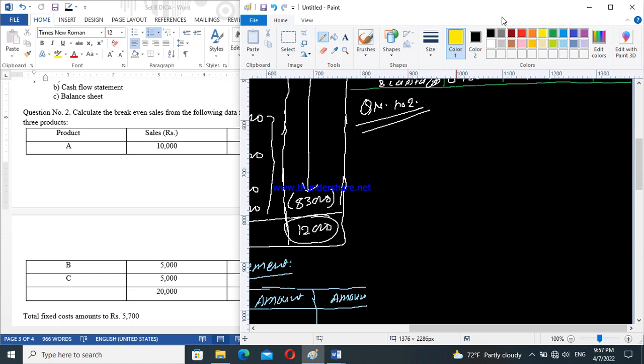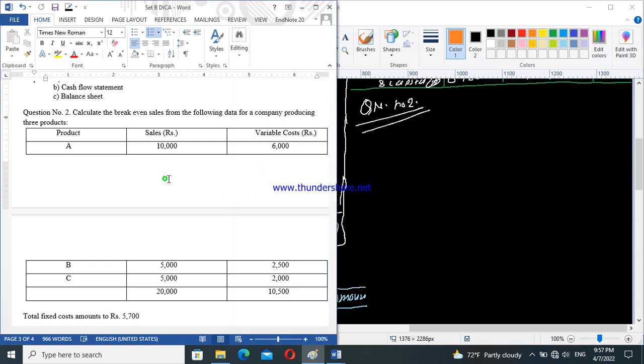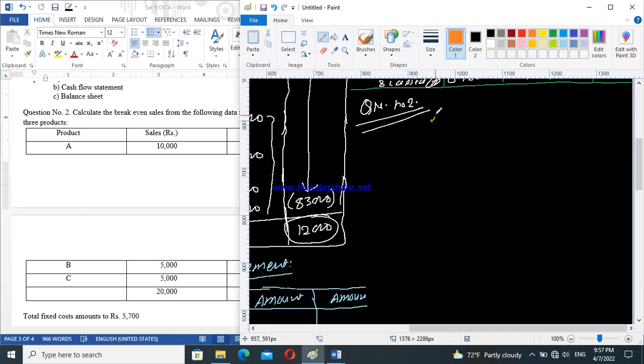We have sales mix ratio. Sales mix ratio required 10,000, 5,000 and 5,000. The ratio 5, 5, 5 is equally deducted. 5 ones are, 5 ones are and 5 twos are.